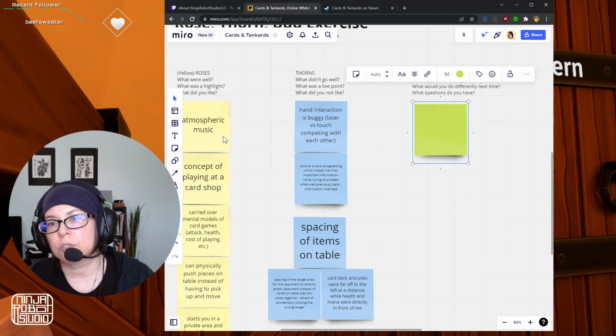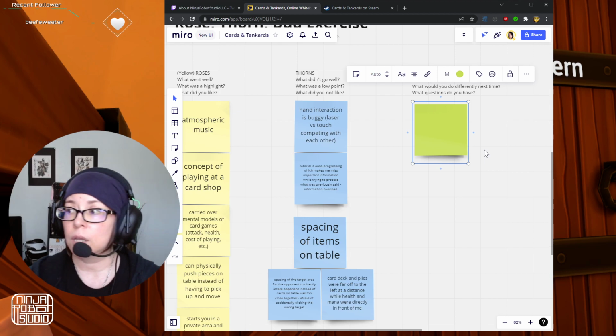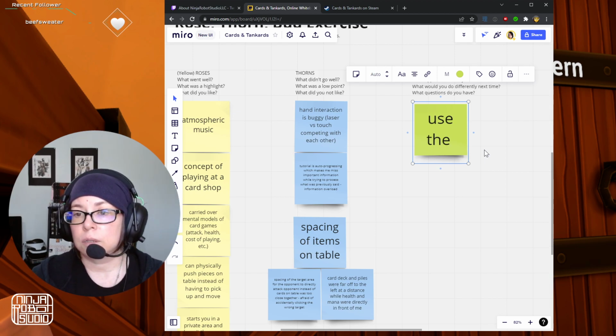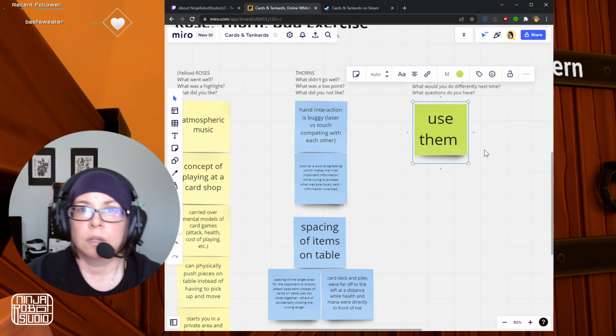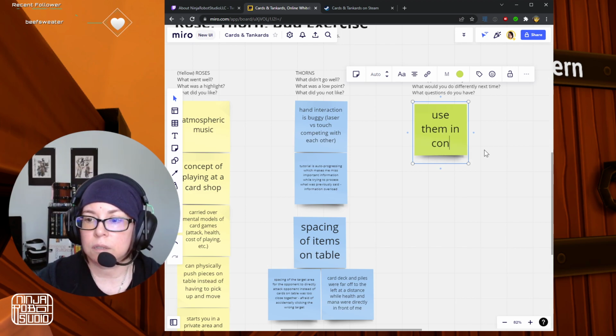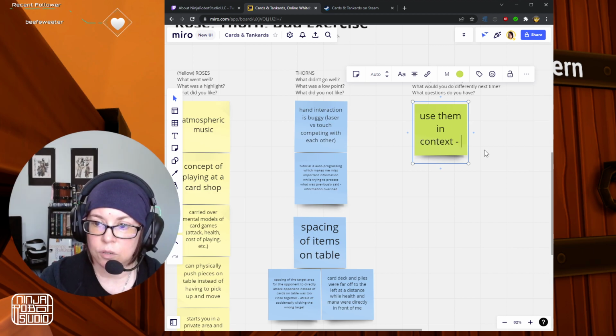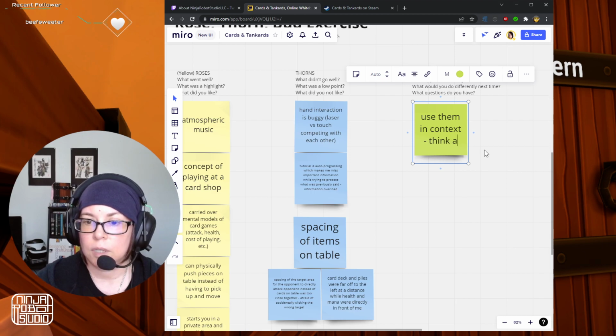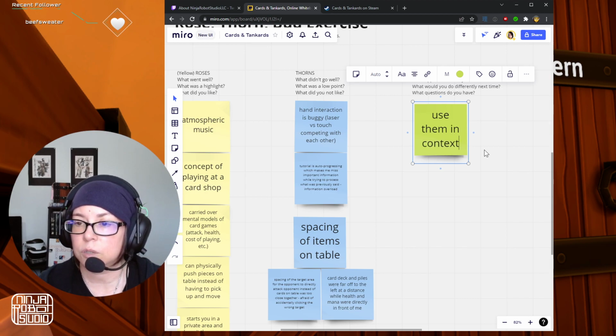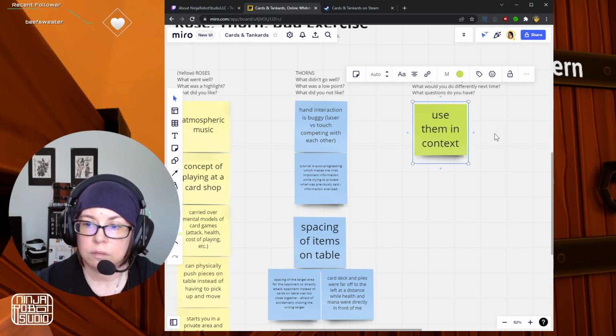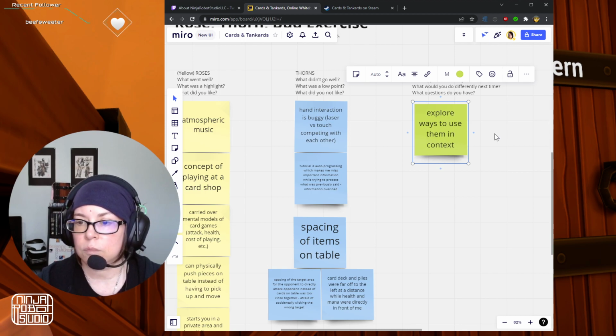But, okay, so some buts. The hand interaction is buggy, the laser versus touch, competing against each other. So I would say explore ways to use them in context.